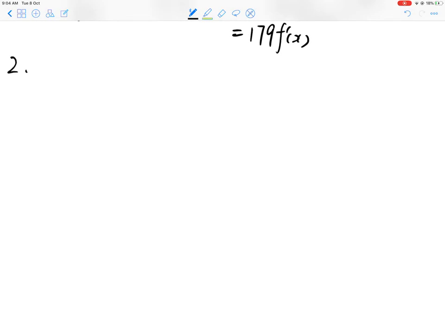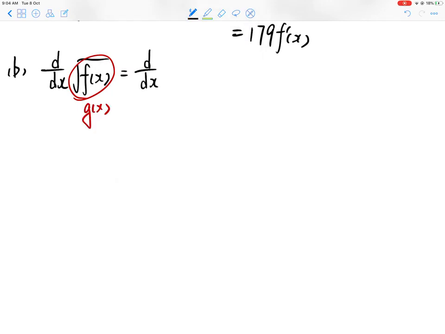Part B. What is the derivative of the square root of f(x)? Again, the square root of f(x) is called your g(x) now. So it's the derivative of g(x), which you can find using the definition: the limit of t approaching x of g(t) minus g(x) over t minus x.